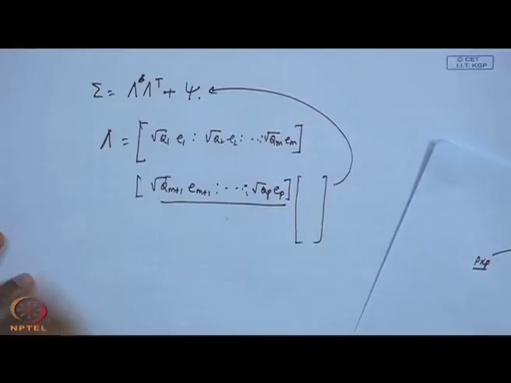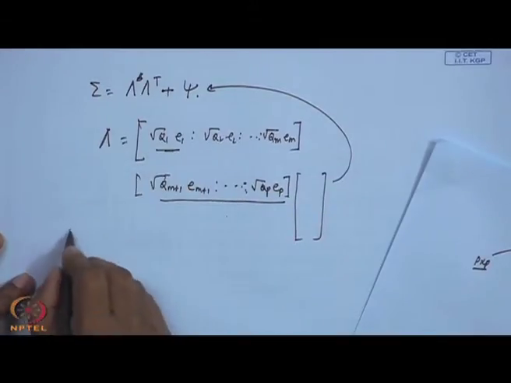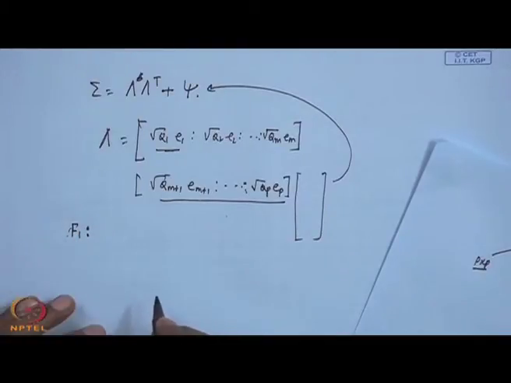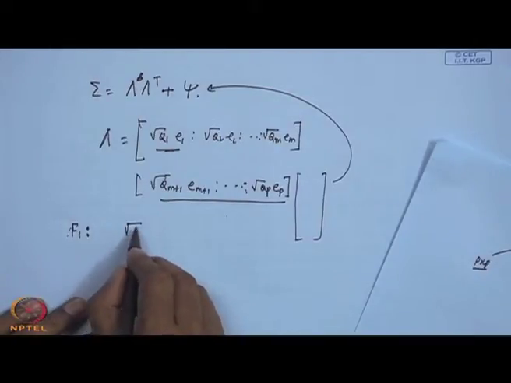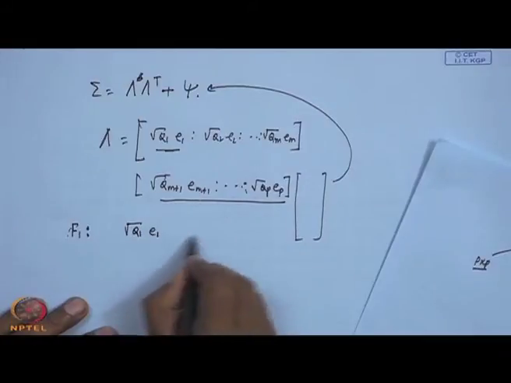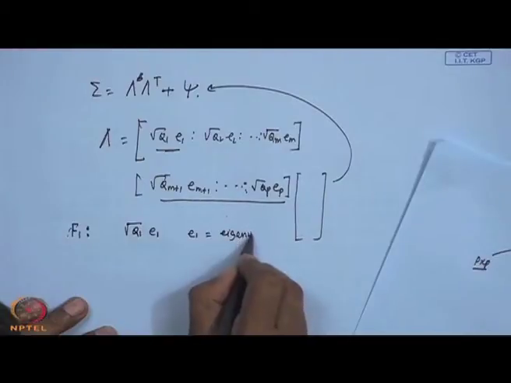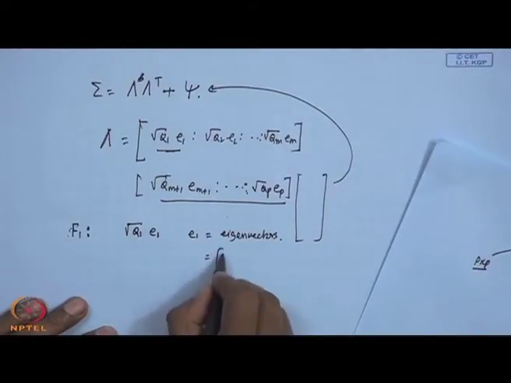Okay. If this is the case, then I can say that my first factor, if it is F1, has factor loading root Q1 E1, where E1 is the eigenvector, which is e11, e12, and so on.